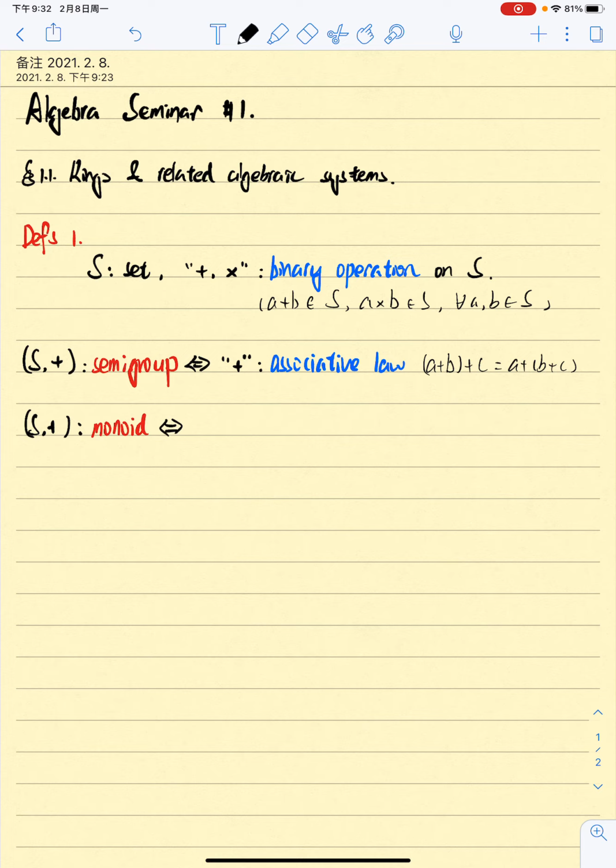If, first, the system is a semigroup, and there is an identity in S. Let us see the identity.